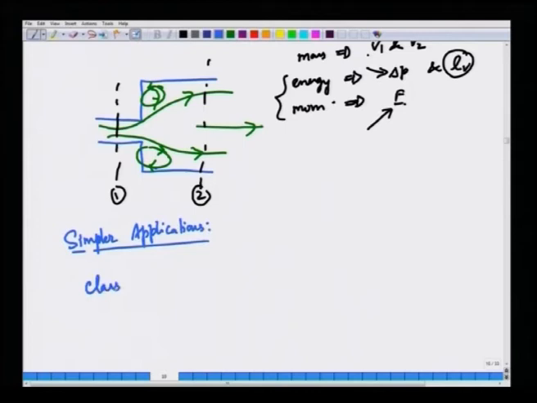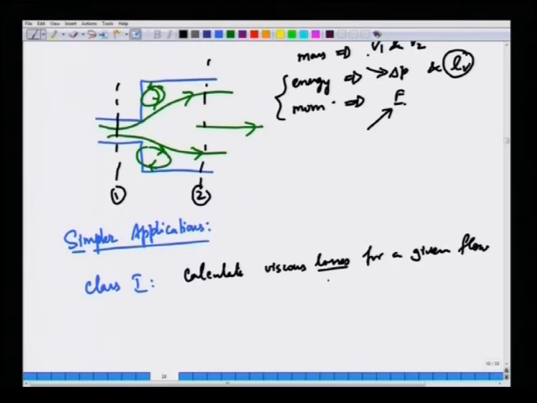Class 1 problems, let us say we will be asked to calculate viscous losses for a given flow. Okay. So, here the idea is to use the energy equation to find losses, but in order to do that you need to know the pressure drop, and you should get the pressure drop from the momentum balance.